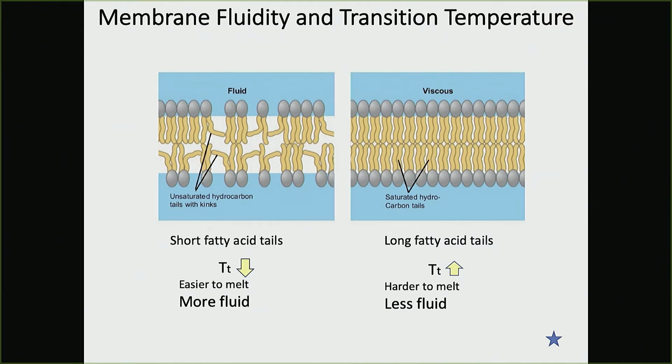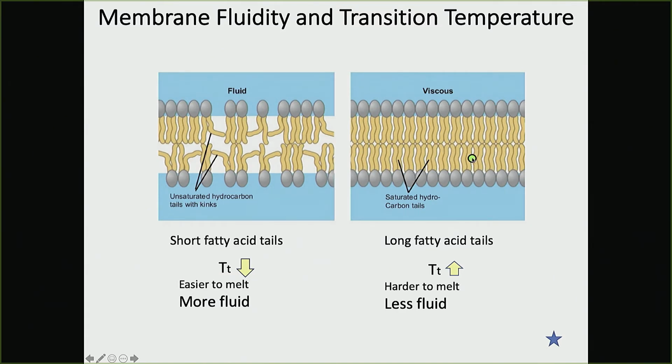Those areas have short fatty acid tails, maybe 12 or 14 carbons. On the other hand, long fatty acid tails, say 17 or 18 carbons up to 24 carbons, pack the membrane and make it much more rigid.